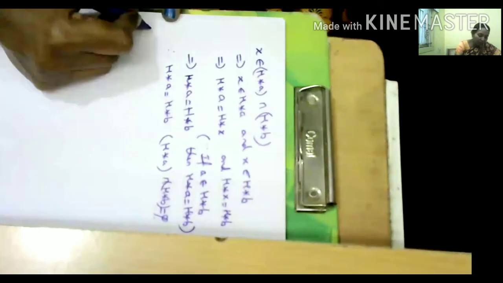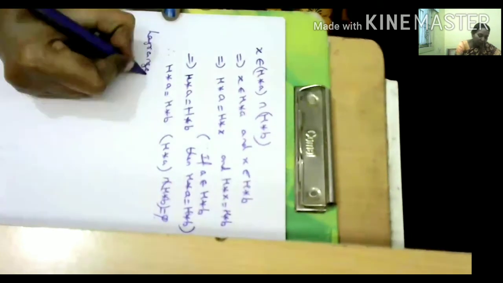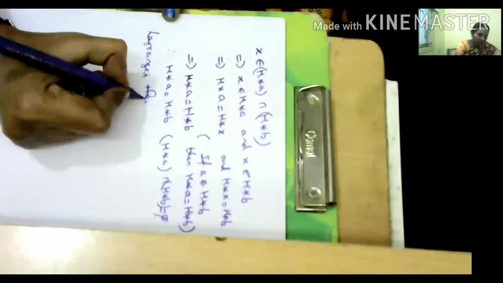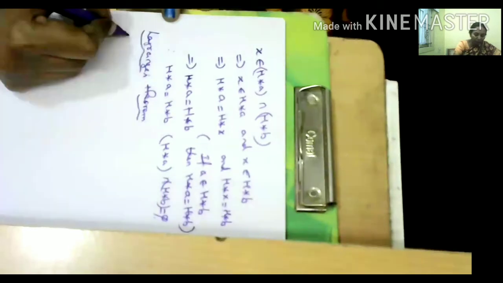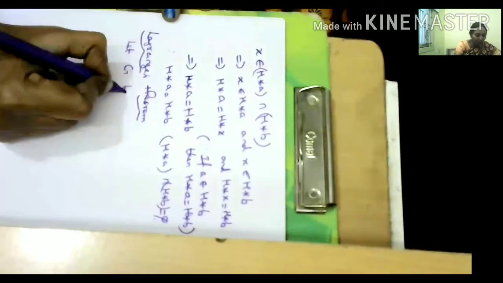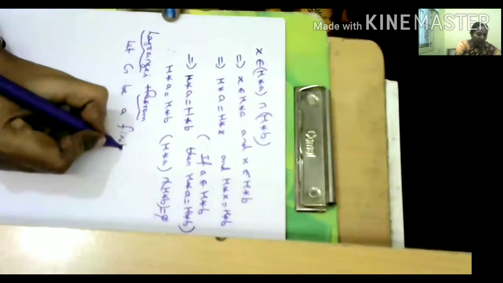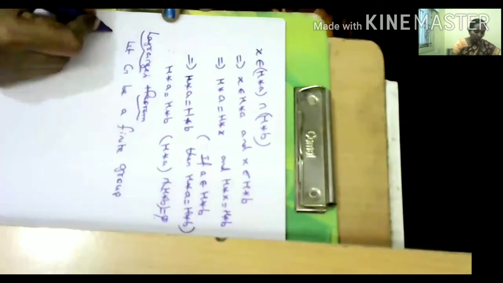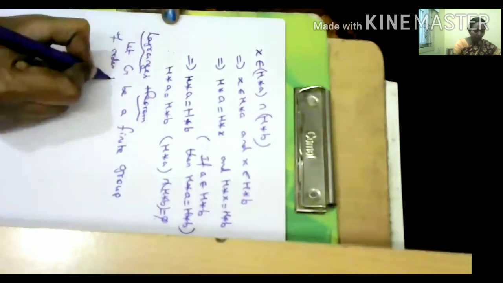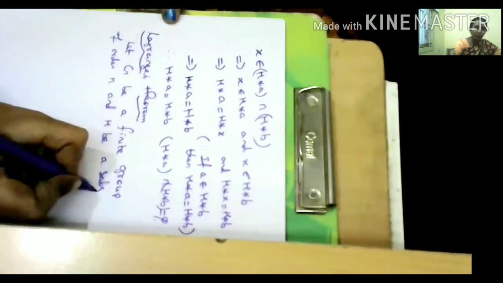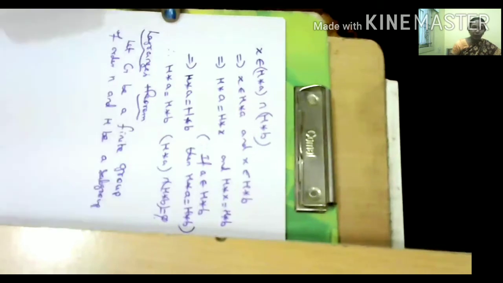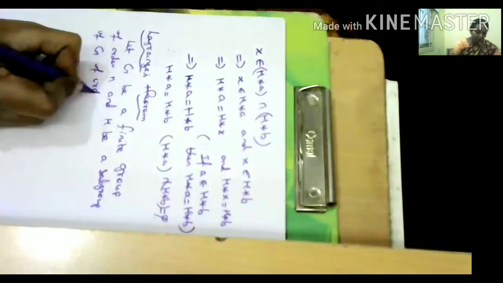So now write Lagrange's theorem. The statement says: let G be a finite group of order n, and H be a subgroup of G of order m.